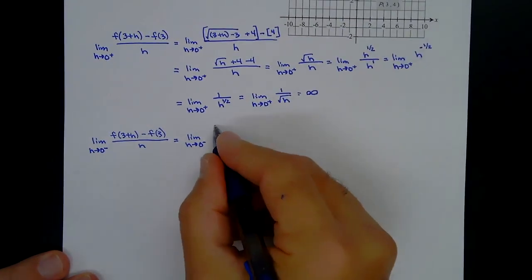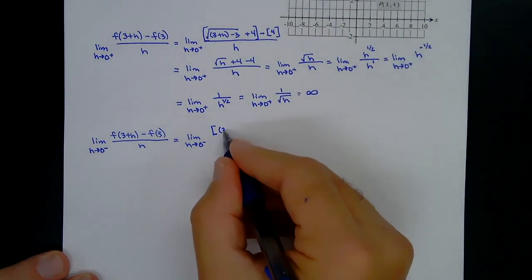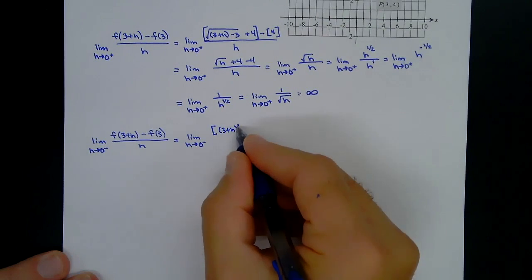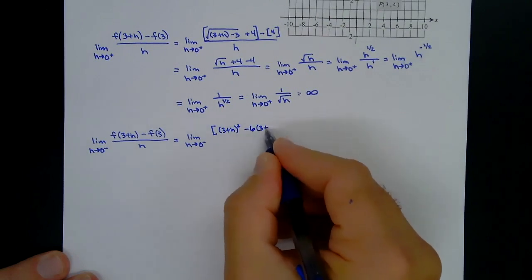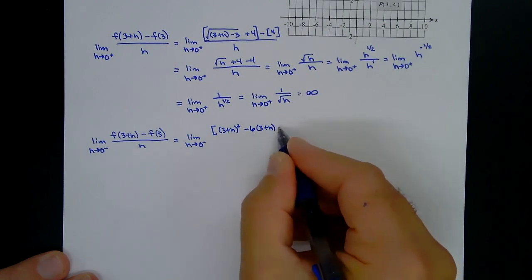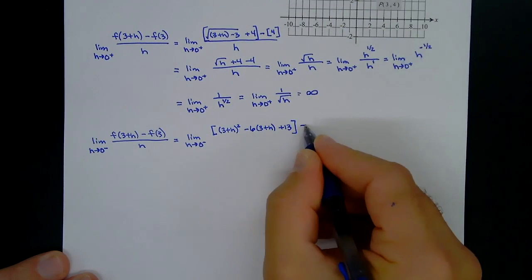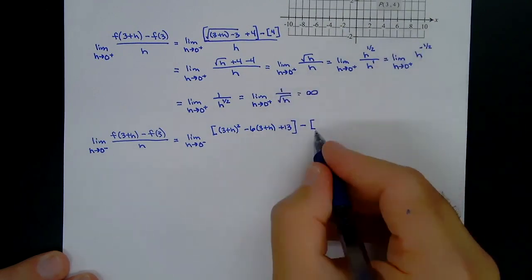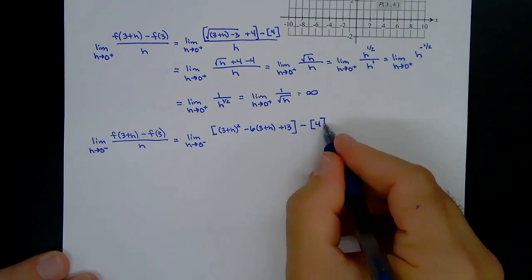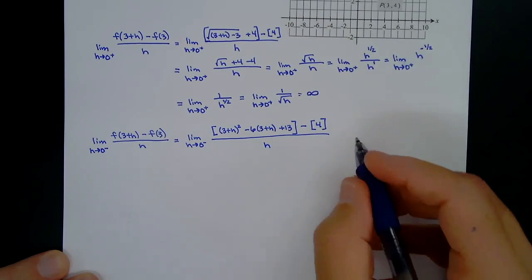So this becomes, and I'm going to use a bracket here, 3 plus h squared minus 6 times 3 plus h plus 13, and then close my bracket, and then minus, and we already know f of 3, just from right here, it's 4. All over h.